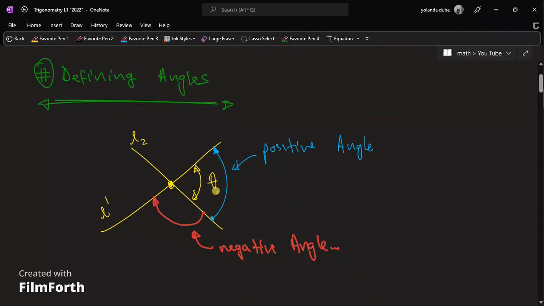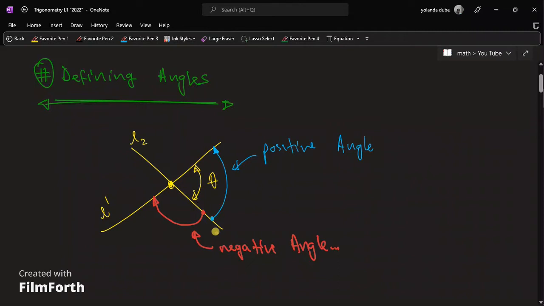So the positivity or the negativity of angles is due to the direction in which one chooses to measure the angle. If one chooses to go that way, it becomes positive. If one chooses to go that side, it becomes a negative angle, like that.